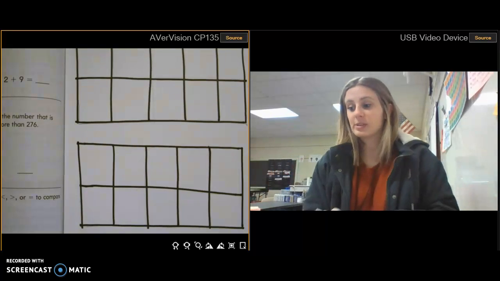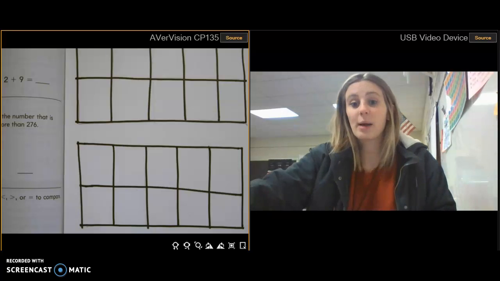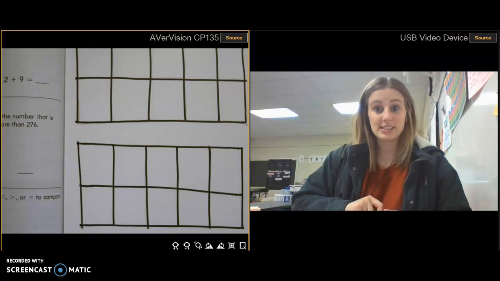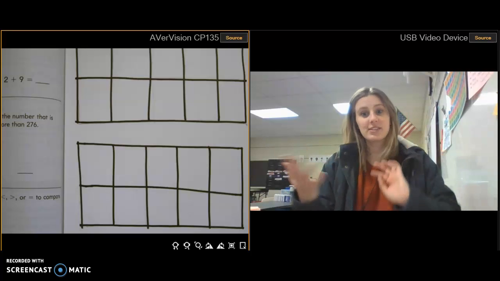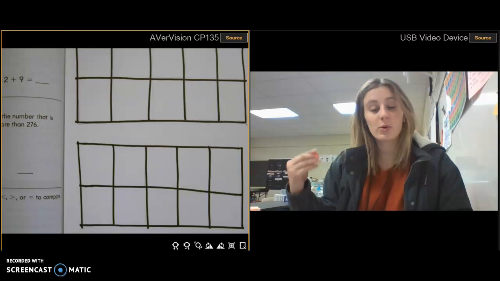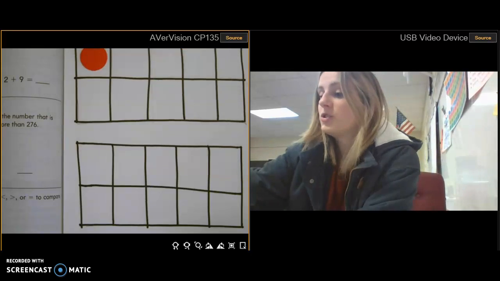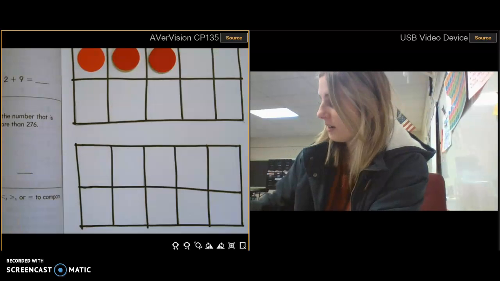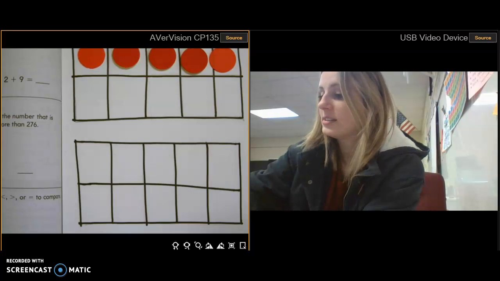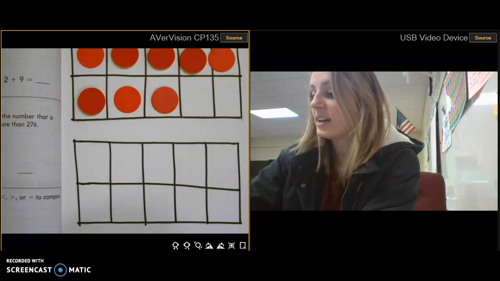Now I want to pose the problem for you, 9 plus 7. I'm going to need a double tens frame because my answer is going to be more than 10, right? If I add 7 to 9, my number is going to be higher than 10. On my first board, I'm going to put 9. So I'm going to put 1, 2, 3, 4, 5, 6, 7, 8, 9.